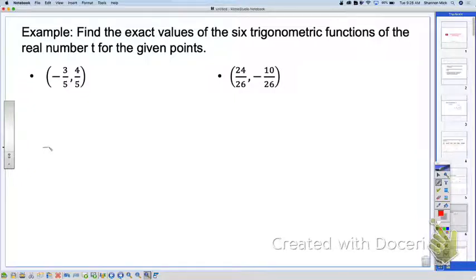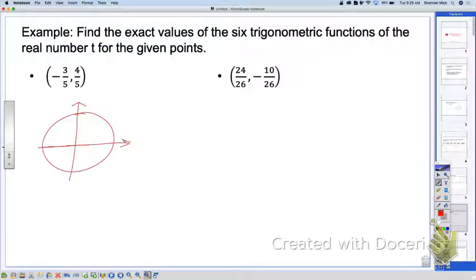So I'm going to make my circle first. Here's my unit circle. I have negative 3/5, comma 4/5. What quadrant is negative x, positive y? 1, 2, 3, or 4.